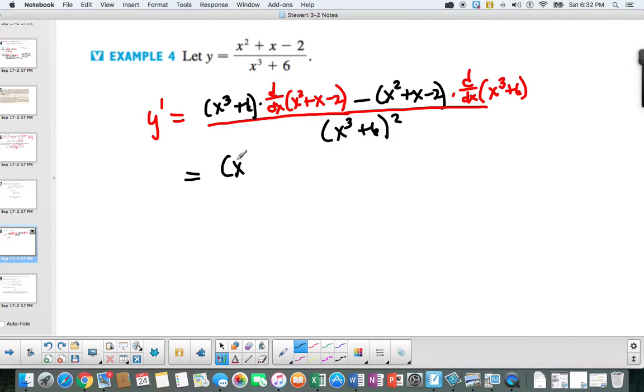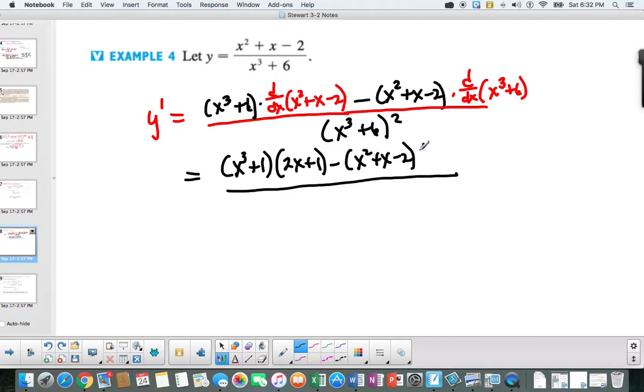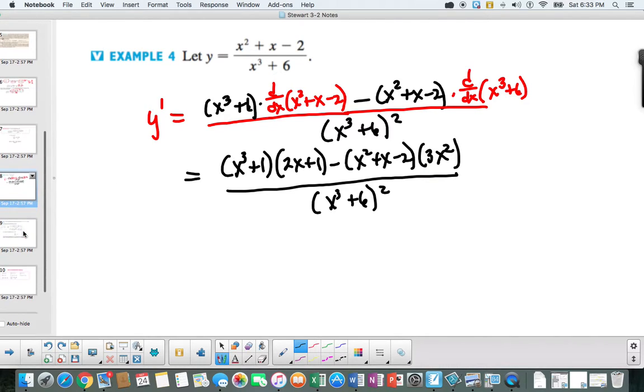So this is going to be x cubed plus 1 times 2x plus 1 minus x squared plus x minus 2 times 3x squared, all over x cubed plus 6 to the second power. Okay, and to match the back of the book, or to match maybe an answer in a multiple choice format, you're going to have to multiply all this out, simplify, and then match it up. Now on the test, we'll be okay with you leaving it in this form. We'll just assume you guys know how to simplify.